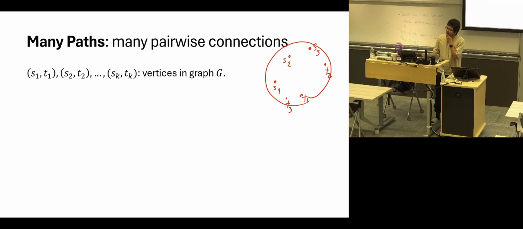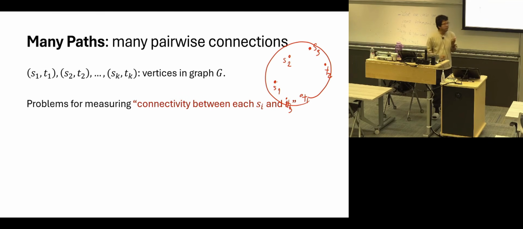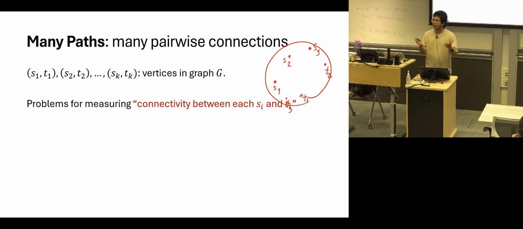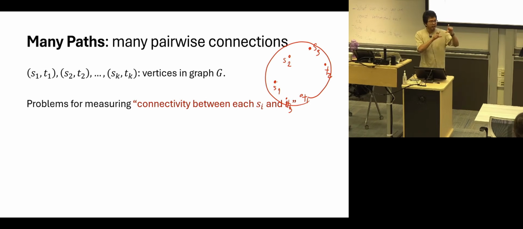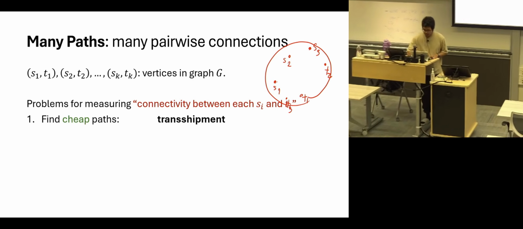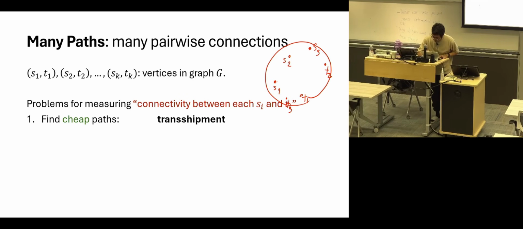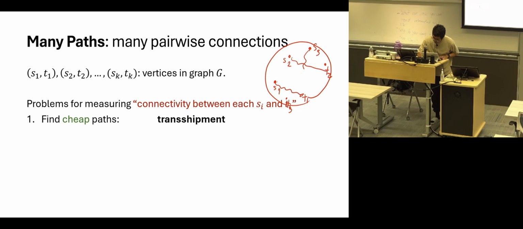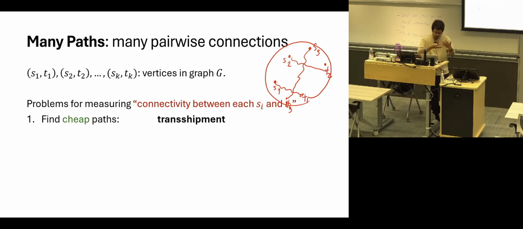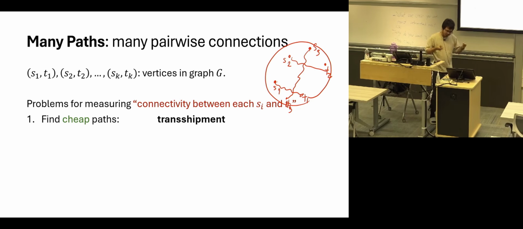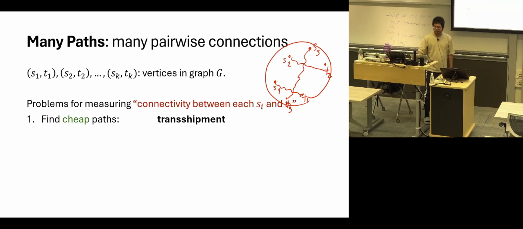One can ask a similar question about connectivity between each pair S and T. You might want to find cheap paths that connect each pair, like S1 to T1, S2 to T2, S3 to T3. All of them should be short. That corresponds to the transshipment problem.